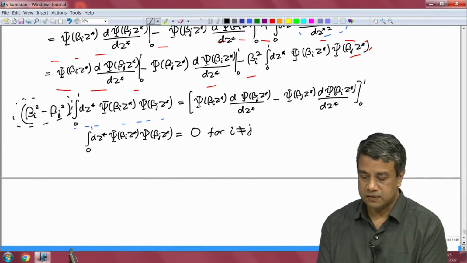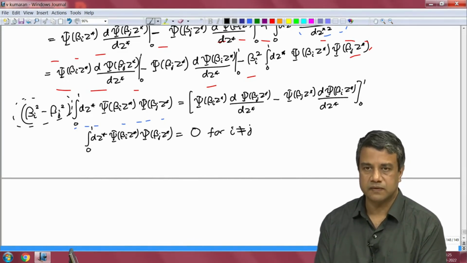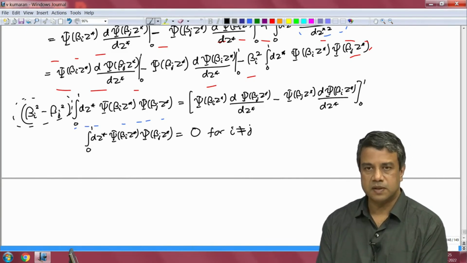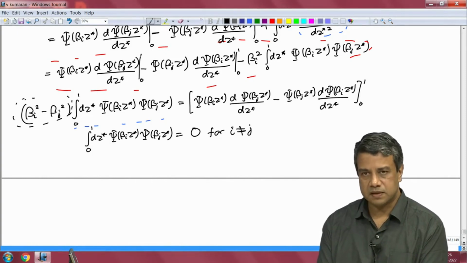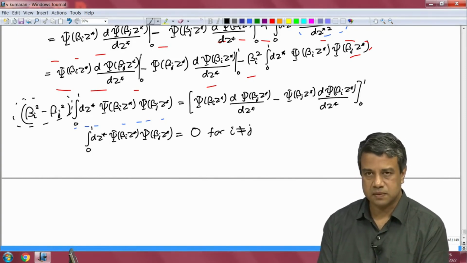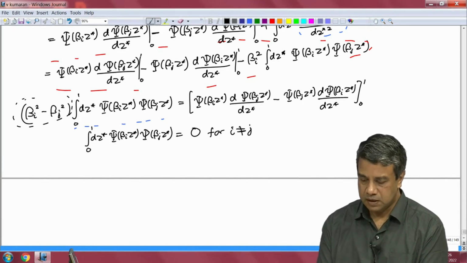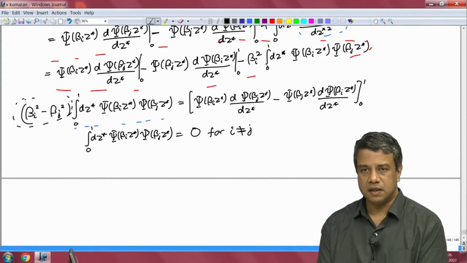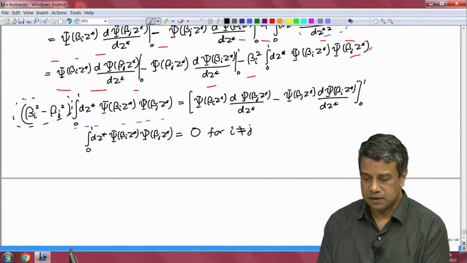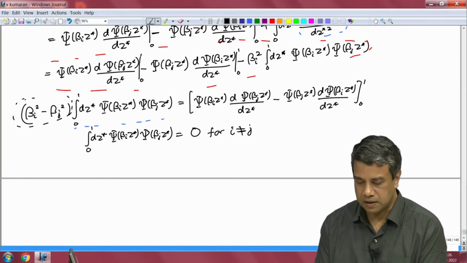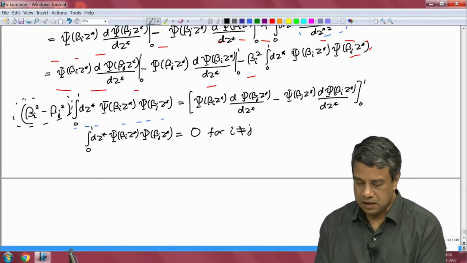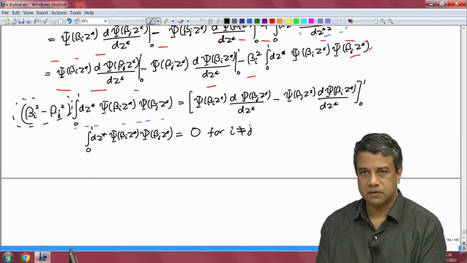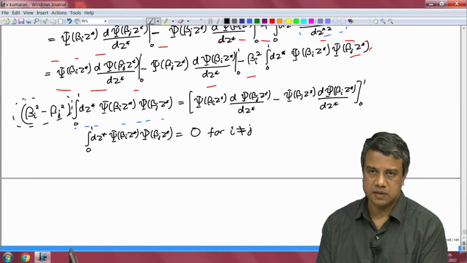In fact, if I is equal to j, you are integrating the square of a number and the square of a number is always positive, so you have to get a non-zero value. However, if I is not equal to j, that means that the right side has to be equal to 0. That means that these functions are orthogonal, that is, if you take the inner product of these functions, defined as the integral over the domain of psi of beta I z and psi of beta j z, that has to be equal to 0 provided the boundary conditions are homogeneous.